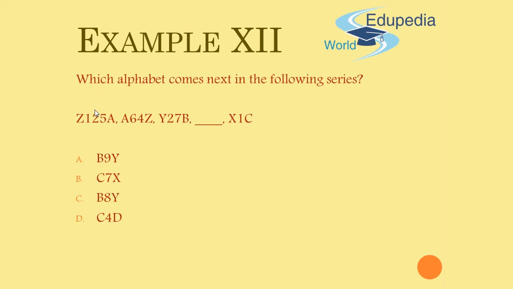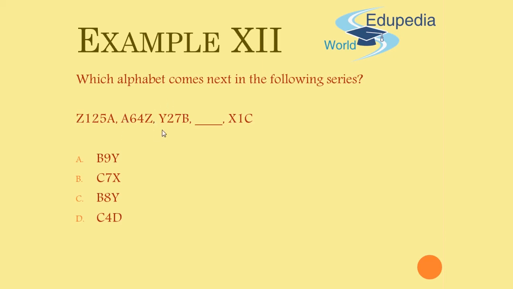So first of all, let us take a look at the first letter. Let's correlate the first letters of each word. So I have Z followed by A, followed by Y, followed by something, followed by X. Now from Z, when I go to A, I am moving forward by 1. Z is one extreme of the alphabet, A is another extreme of the alphabet.